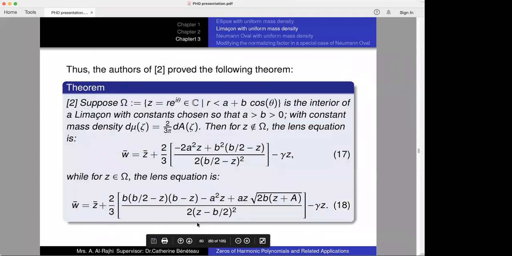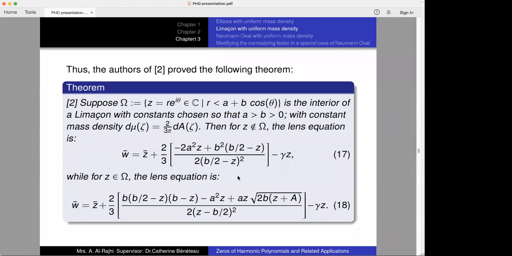So they wrote the theorem that, suppose omega is the interior of a limacon with a constant, for a greater than b greater than 0, with a constant mass density. As you see, we will have the lens equation for z not inside the domain, and the other one is for z inside the domain.